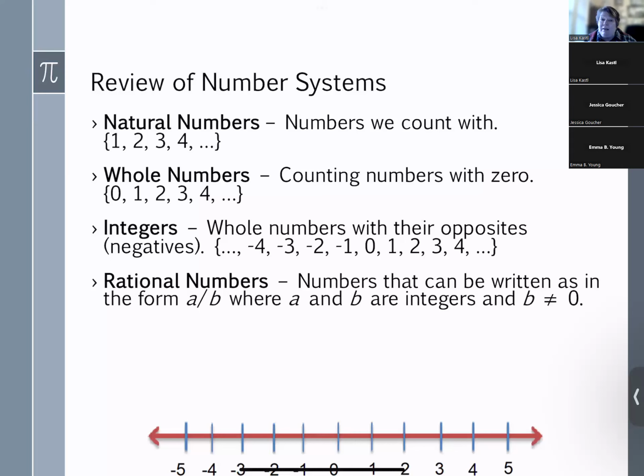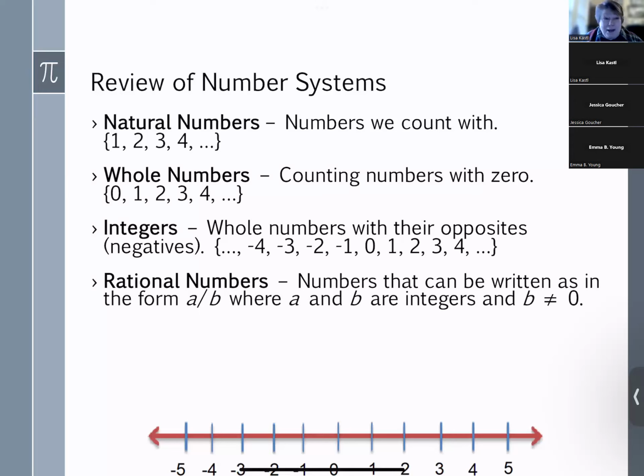That means you can write them as decimals that either terminate, like 0.25, or repeat, like 0.33333333. So if it's a decimal that terminates or repeats, you can write it as a fraction.